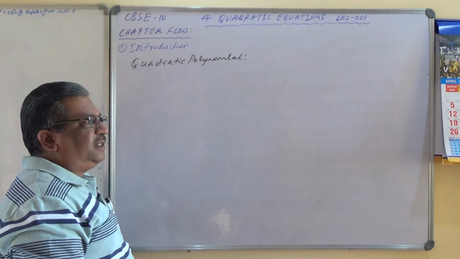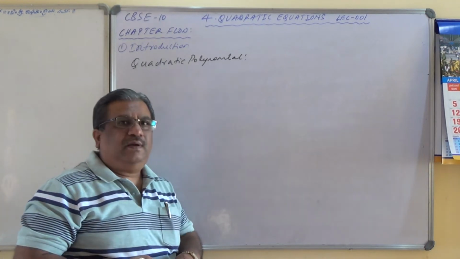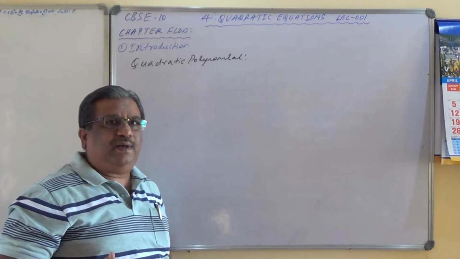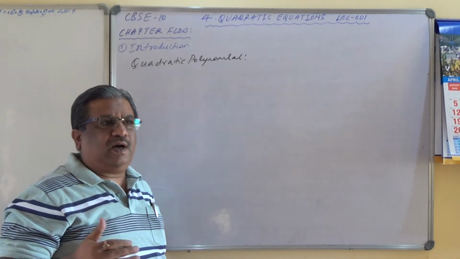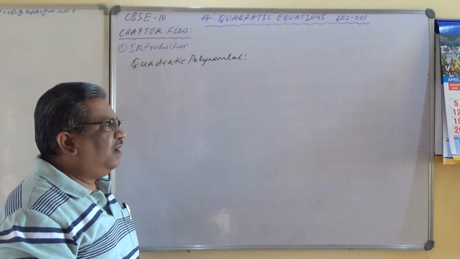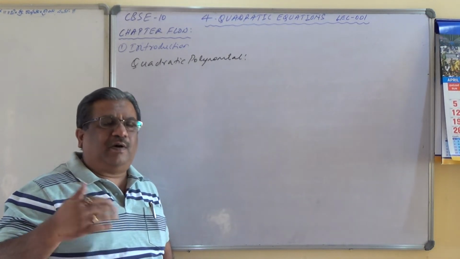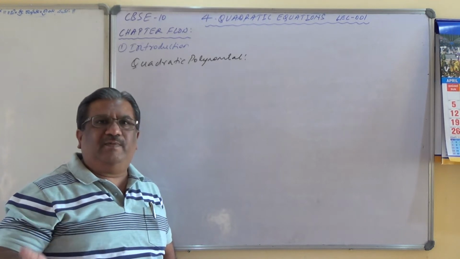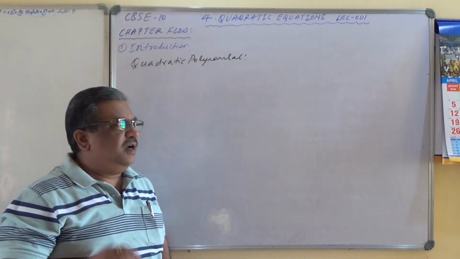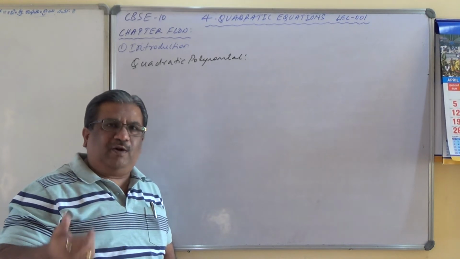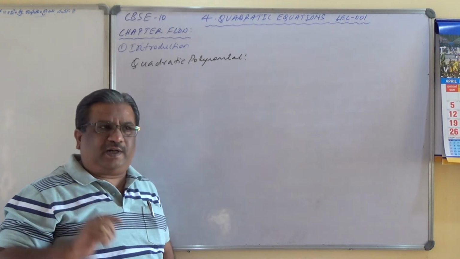An algebraic expression in which the highest power of the variable is 2 is called a quadratic polynomial. Now we are going to deal with a quadratic polynomial with a single variable x. So a polynomial with degree 2 is called a quadratic polynomial.